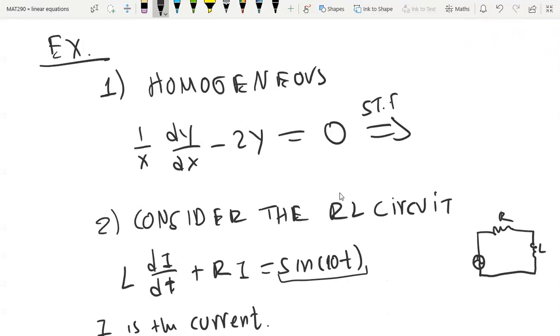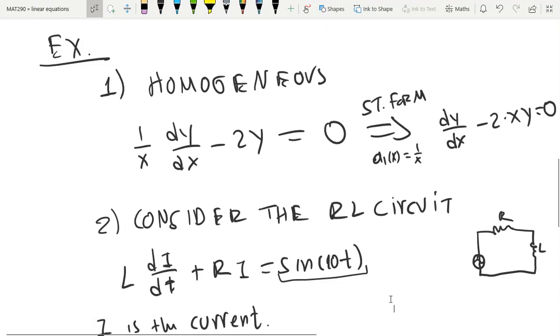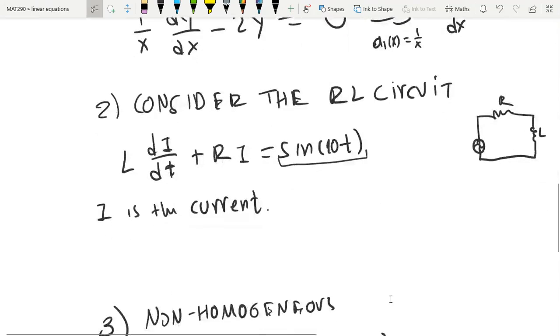Now let me convert them into standard form. For standard form, we simply divide. So a1(x) here is 1 over x, so we divide by 1 over x. We get this, and here we get x, equal to 0. So that's the standard form.